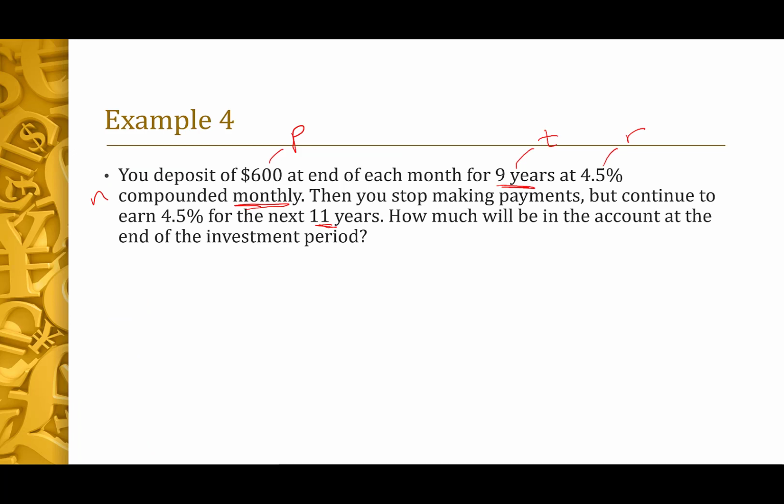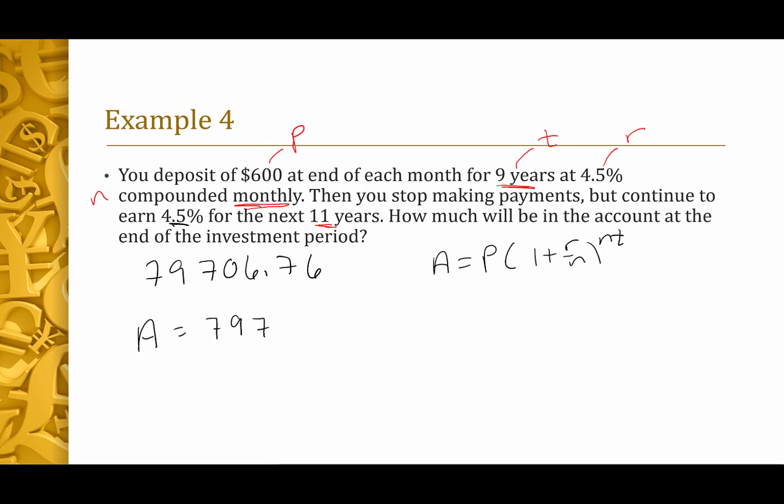So now we have $79,706.76. We have 11 more years that we're going to continue to get the 4.5% interest, and we're going to assume it's still compounded monthly. So what do we want to do? We want to go back to our compound interest formula that says A equals P times 1 plus r over n to the nt. So we're looking for A. We're starting with $79,706.76.